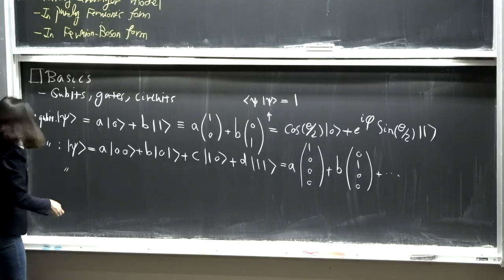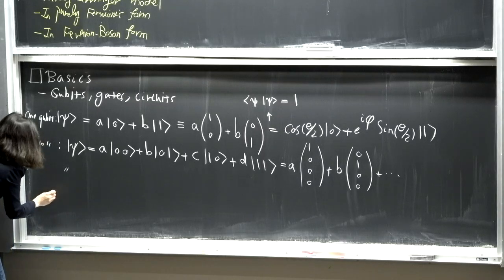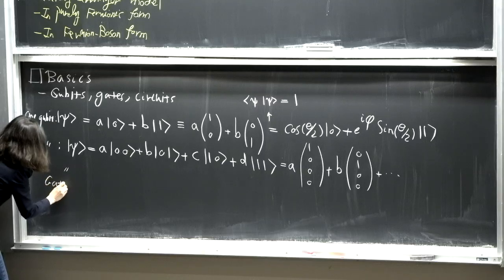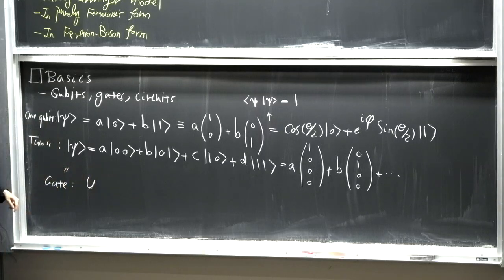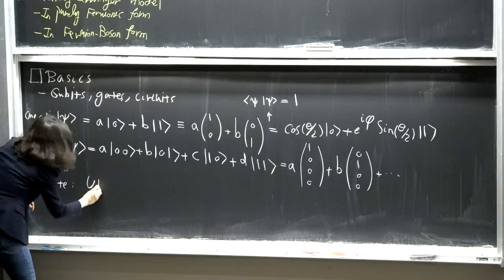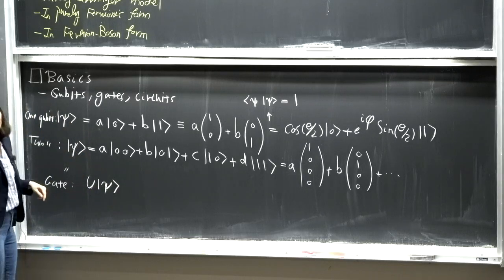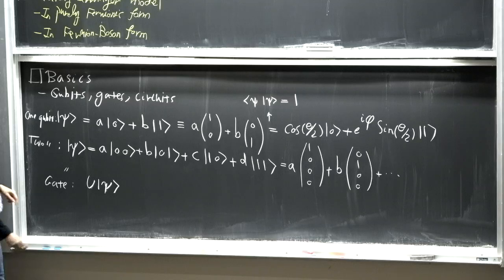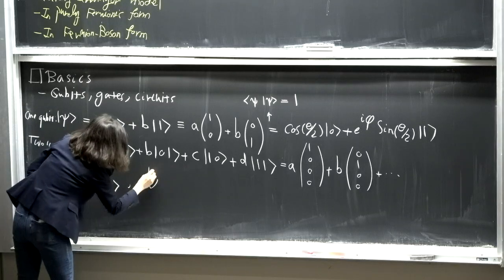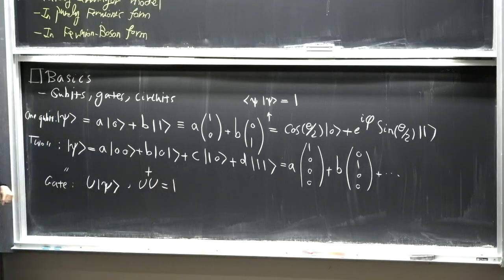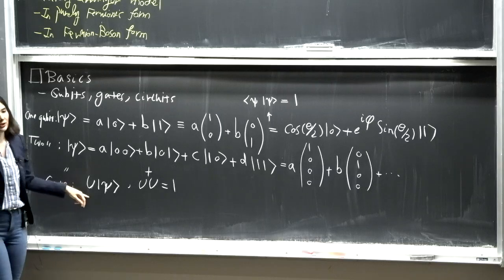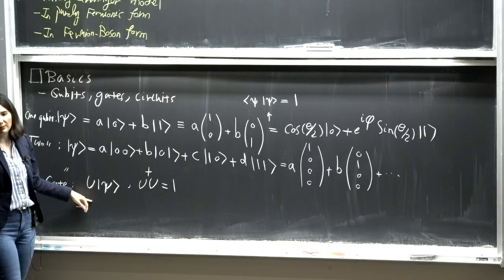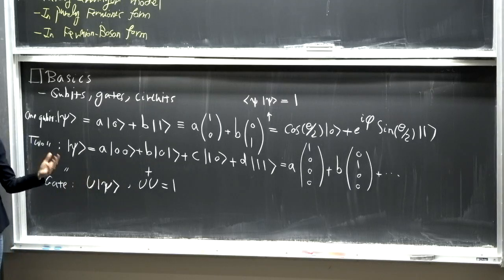OK, so what about a gate? A gate is simply any unitary operation that would act on the state of your qubit, whether it's a single qubit or multi-qubit state. OK, so U dagger U is equal to 1. And these unitary operations are very natural for quantum computers because that's what quantum mechanics is all about.